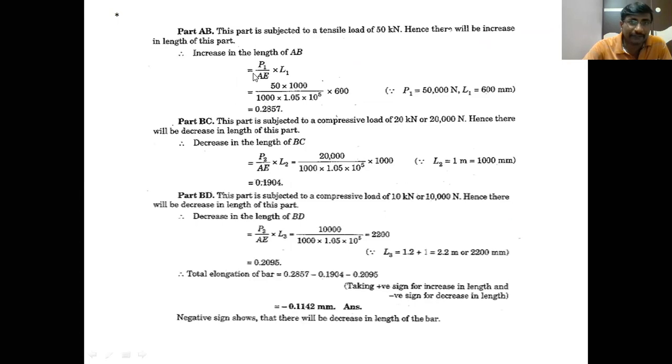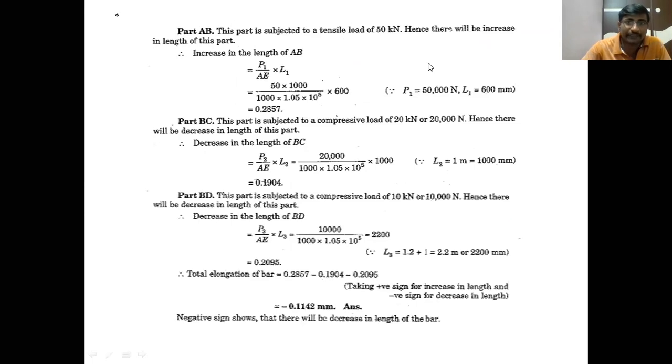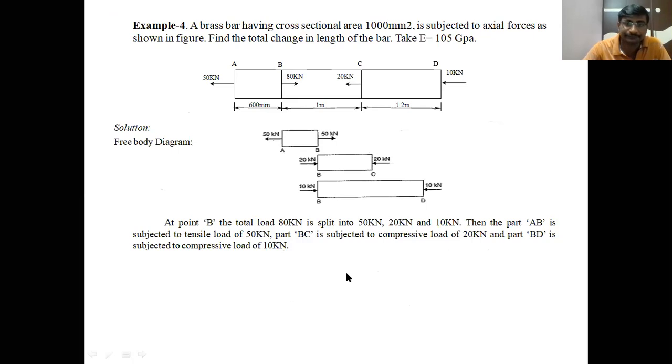In place of A1, we take A in each part. And E is also the same for each section, since they are made of the same material. E value is 105 gigapascals. Converted into newtons per mm square, it is 1.05 into 10 to the power of 5. Once again, I will explain that.